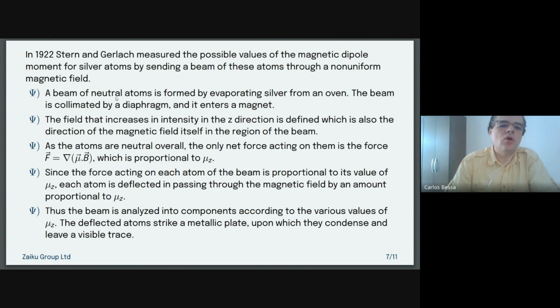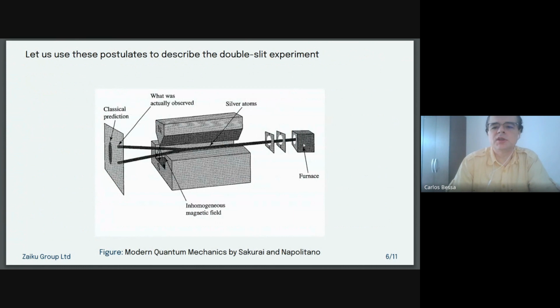A beam of neutral atoms, silver atoms, is formed by evaporating silver from an oven. And the beam is collimated by a diaphragm and it enters the magnet. So it's basically here: the atoms, this diaphragm, the beam of atoms comes here and gets into the magnet.